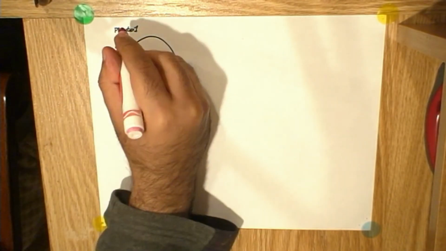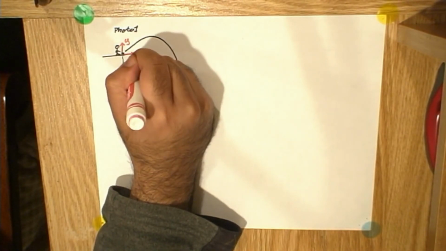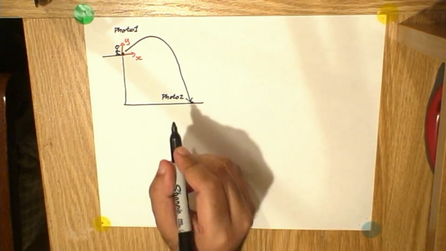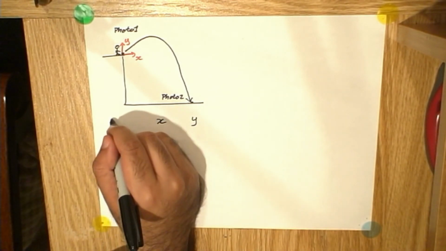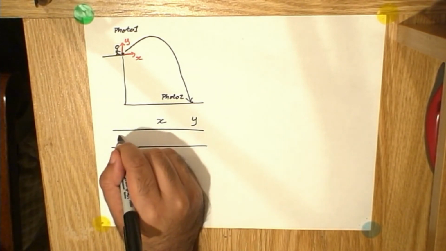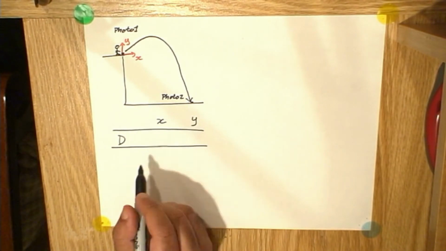I'm going to set my origin as being the initial location of the golf ball, and I will set rightwards as positive and upwards as positive. Let's write down all of the things that we know and all of the things that we have to find out. So the displacement in x is the thing that we are looking for.